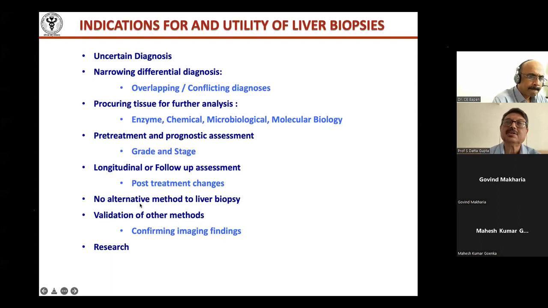And if there's no other alternative method left, your imaging is unhelpful, your non-invasive techniques are unhelpful, then many a time you resort to a liver biopsy. And of course, to confirm the results of other tests and research.